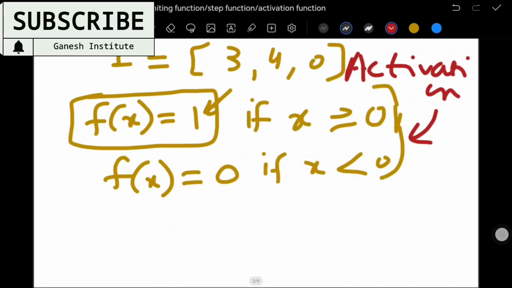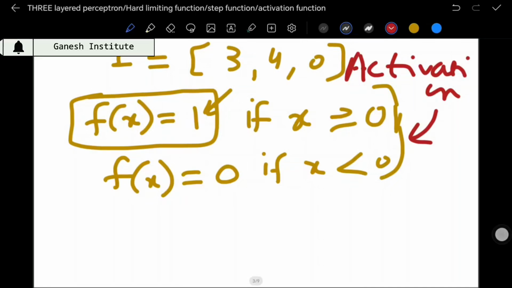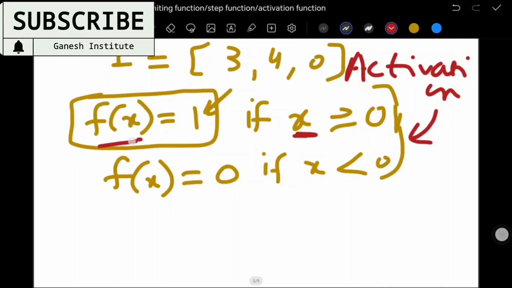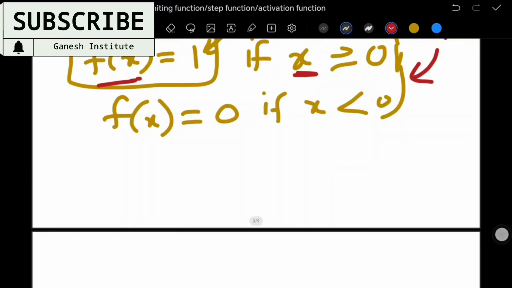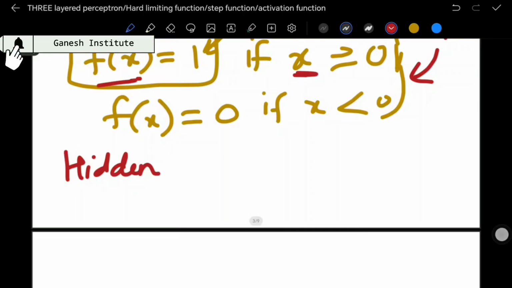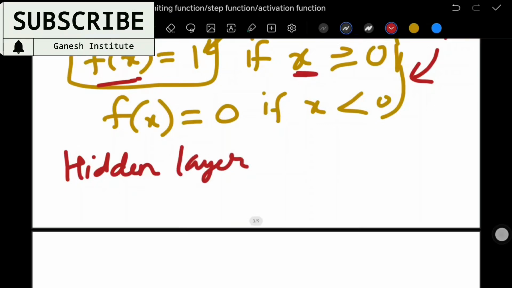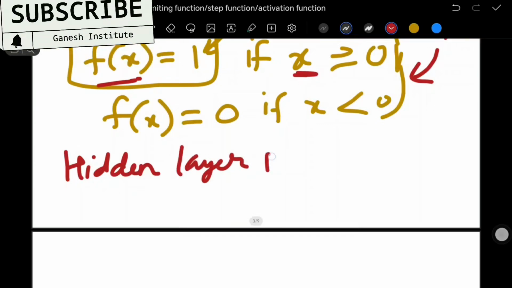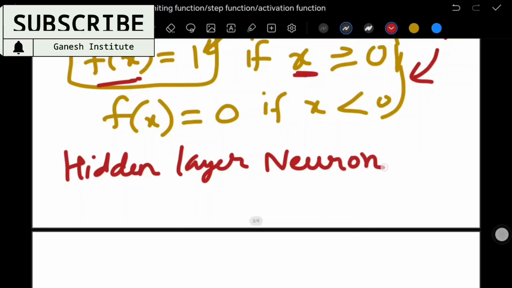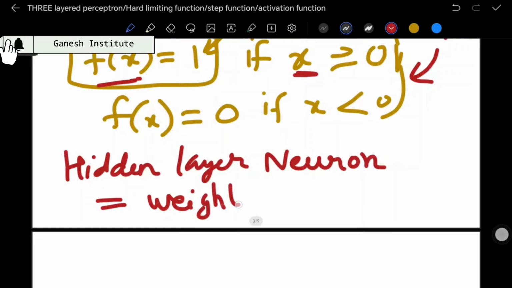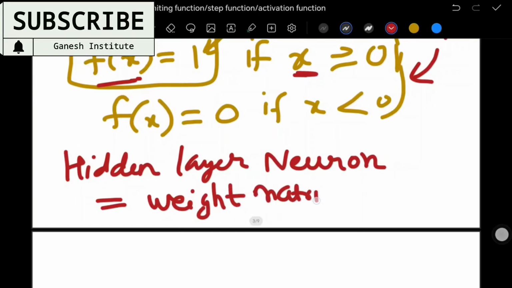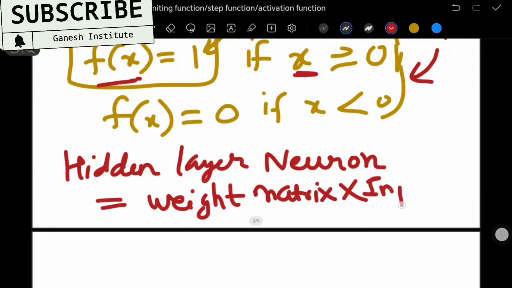Now we have to find the value of x, for which we'll find the value of f(x). For that we have to calculate the hidden layer. How do we do the hidden layer neuron calculation? The formula is that you multiply the rows of the weight matrix with the input vector.